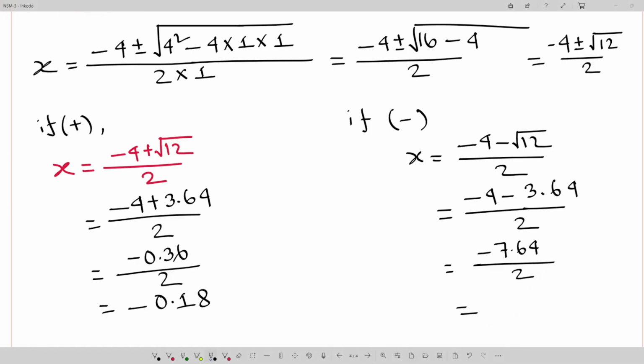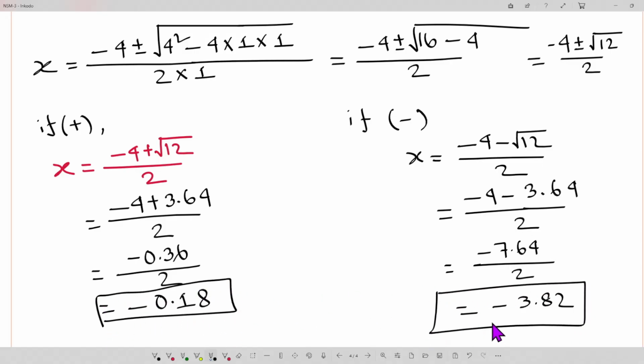Now look, we can write minus 7.64 divided by 2, so it will be what? Minus 3.82. So here are 2 values, minus 3.82 and minus 0.18.